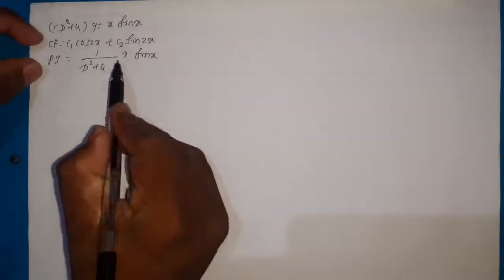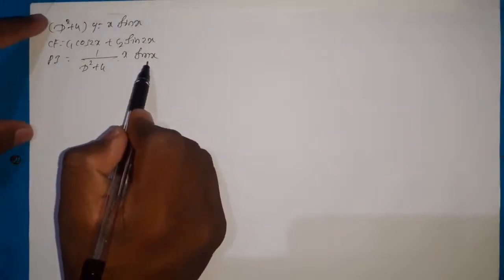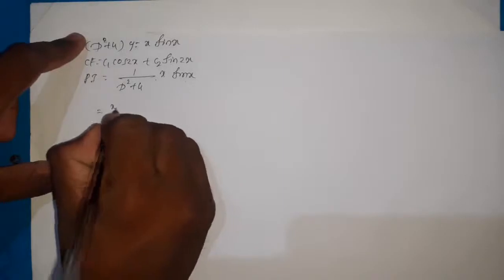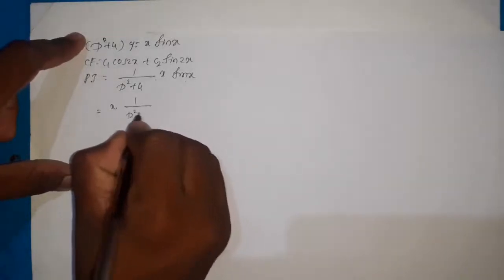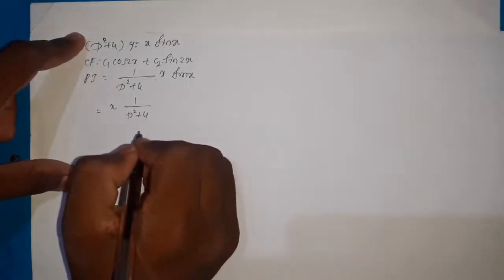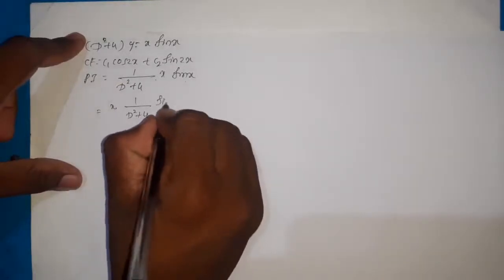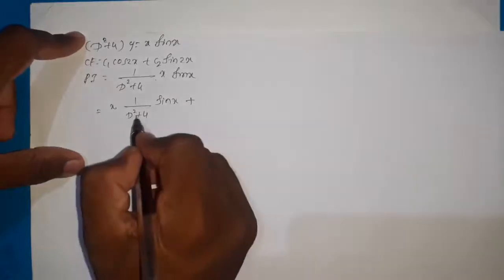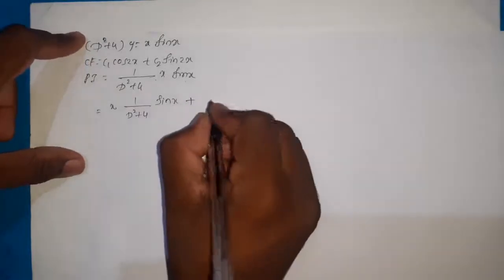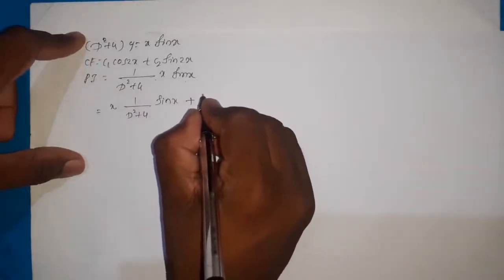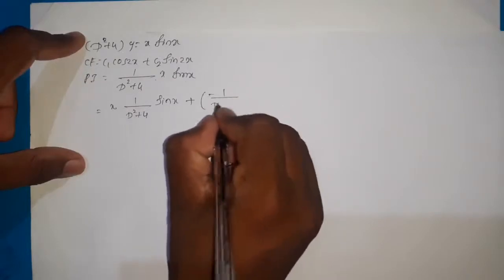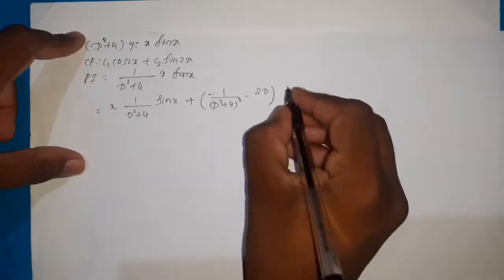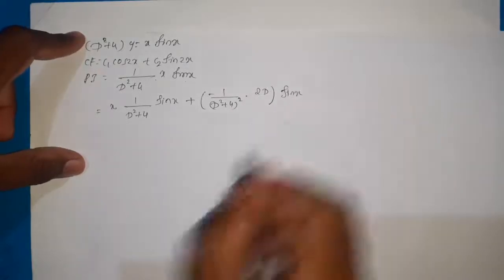So here x into v is sin x, then it is equal to x into 1 by f of d, that is 1 by d square plus 4 into v, that is sin x, plus differentiation of this one. What is the derivative of this one? Minus 1 divided by d square plus 4 whole square into 2d of sin x.